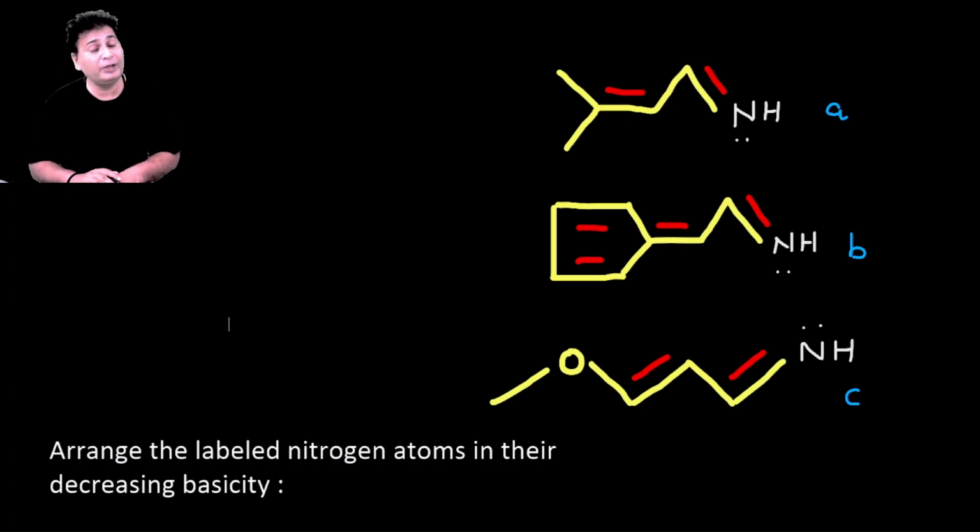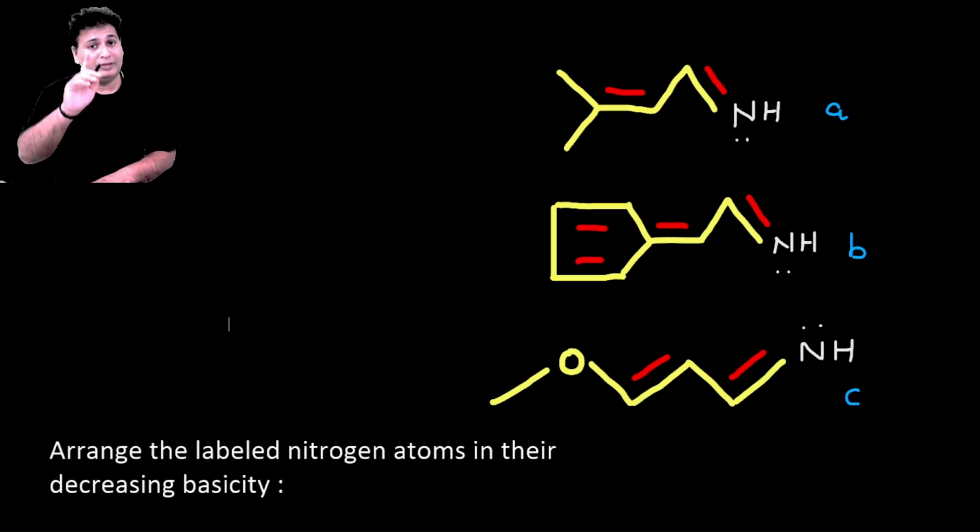I have already told you to check the availability of electrons. If the lone pair remains in conjugation, and because of that conjugation the lone pair gets delocalized, in that case the availability decreases and therefore the basicity also decreases.